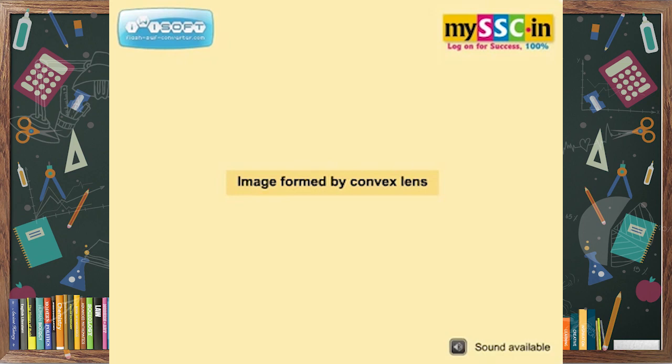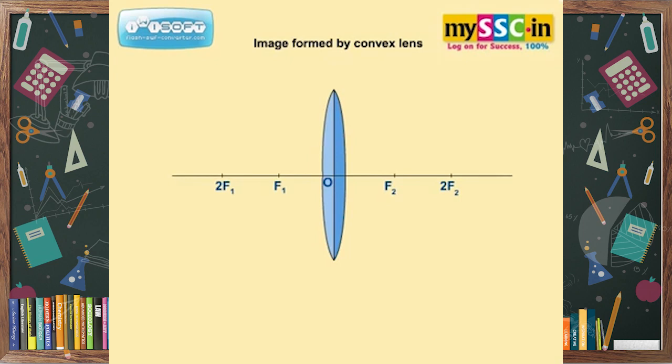Image formed by convex lens. To find the position of image, draw three rays starting from object. Draw an incident ray parallel to optical axis. After refraction, it passes through second principal focus f2 of a convex lens.